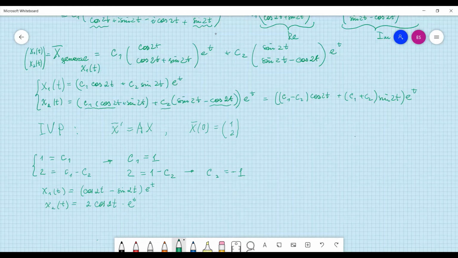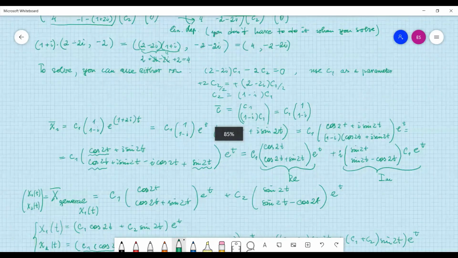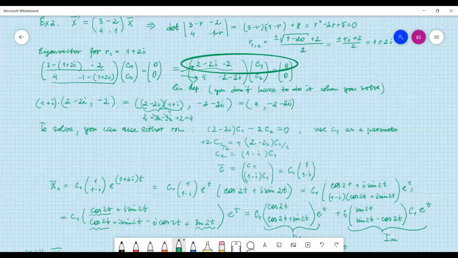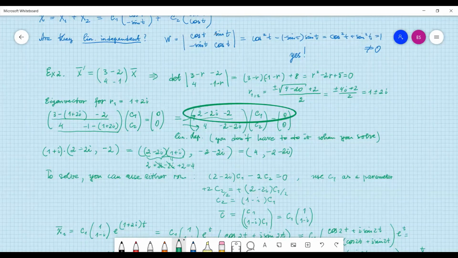Now I want to go back and show you how you can solve it differently if you like it. It's not like people are doing it, but maybe. Remember how we were solving the problem. We had a system, right? We found the eigenvalue.